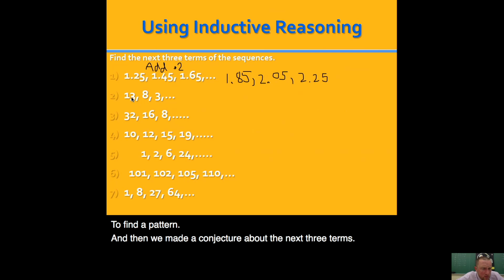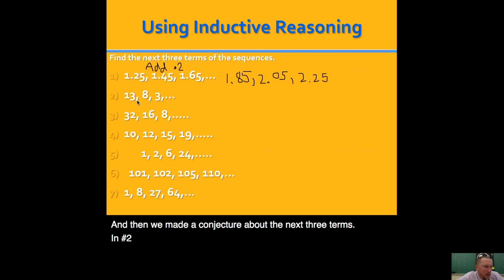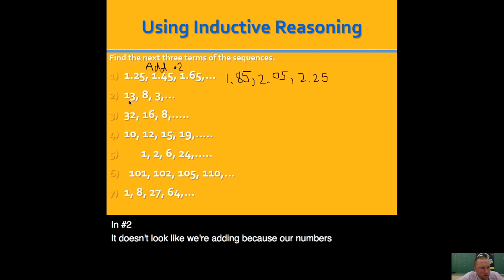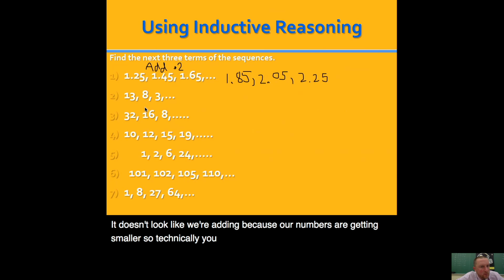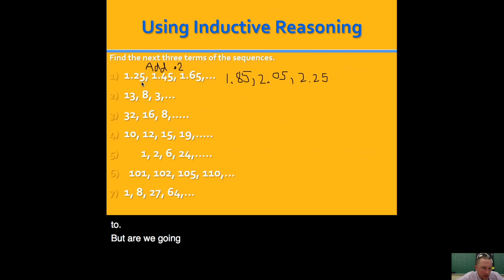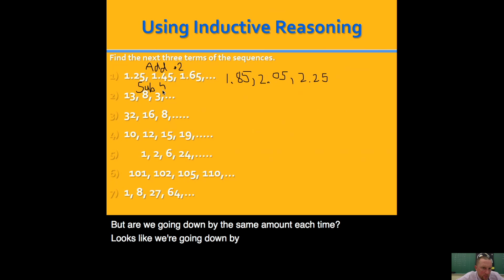In number 2, it doesn't look like we're adding because our numbers are getting smaller. So technically you could add a negative here if you wanted to. But are we going down by the same amount each time? Looks like we're going down by 5 each time.